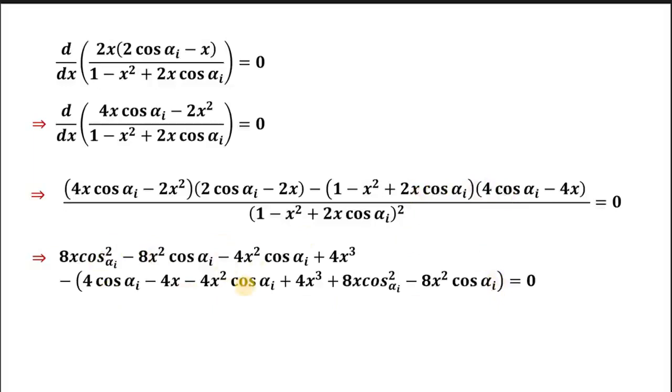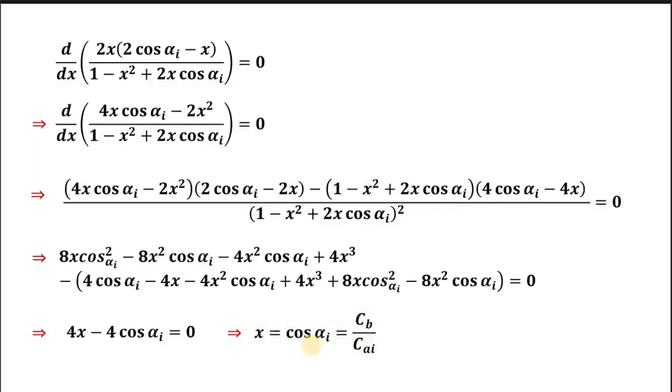In this equation, you will see a number of terms will cancel with each other. For example, this term will cancel with this term. Similarly, this term will cancel with this term, and so on. Finally, you get this simple form of the equation. This will give you x is equal to simply cos alpha I, and x was CB over CAI.